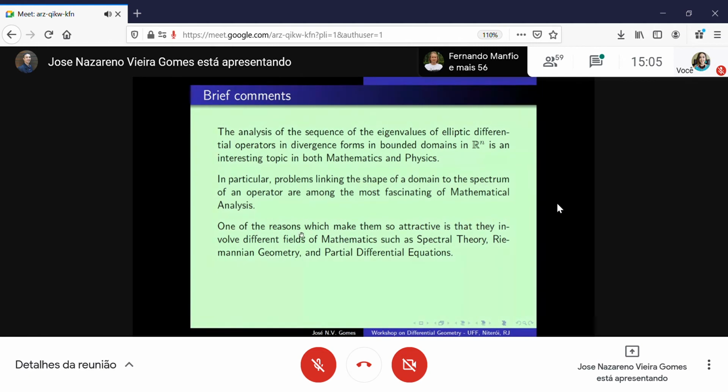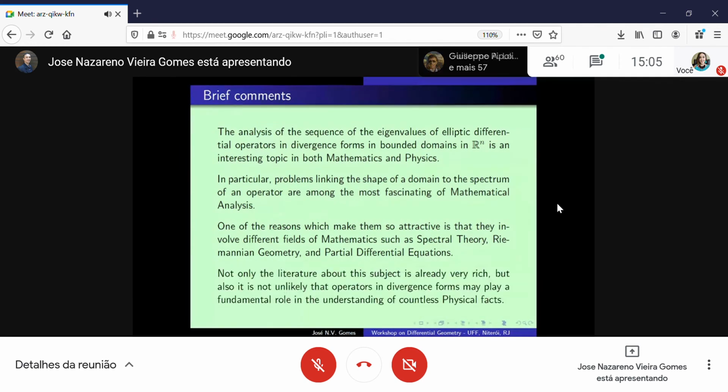For example, in this paper, we use spectral theory, Riemannian geometry, and partial differential equations. Good. Besides the literature about these subjects, which is already very rich, it's not unlikely that operators in divergence form may play a fundamental role in the understanding of countless physical facts.